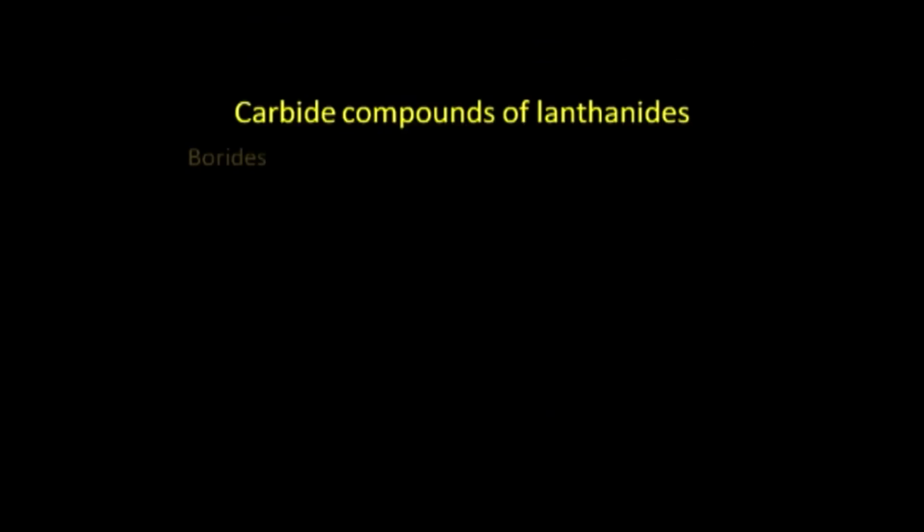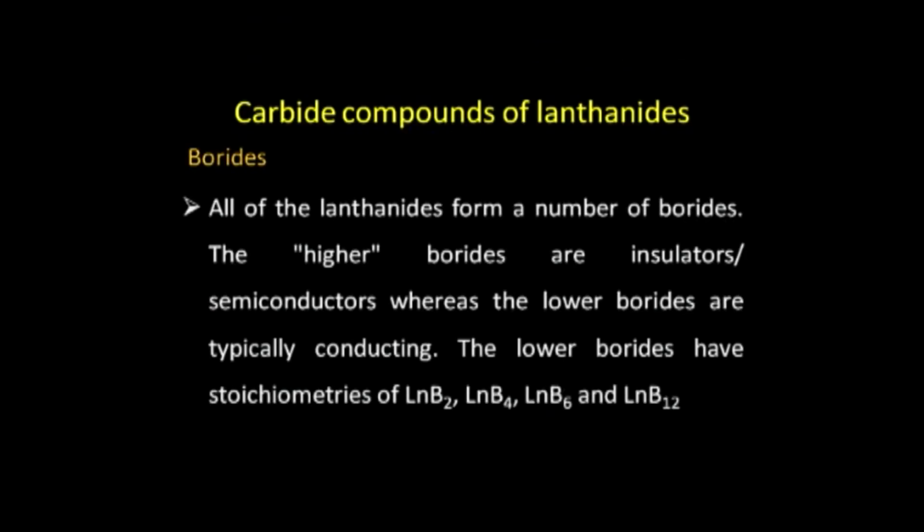All of the lanthanides also form a number of borides. The higher borides are insulators or semiconductors, whereas the lower borides are typically conducting. The lower borides have stoichiometries of type LnB2, LnB4, LnB6 and LnB12.